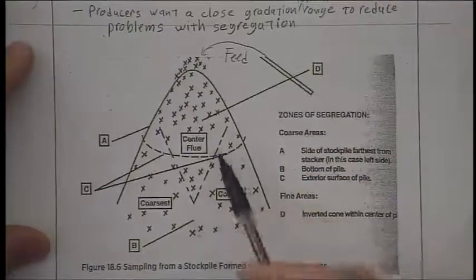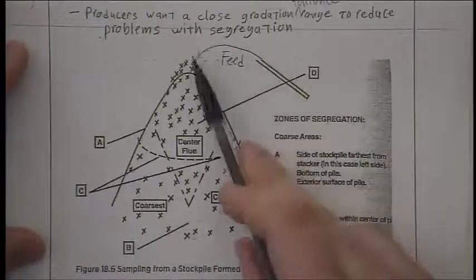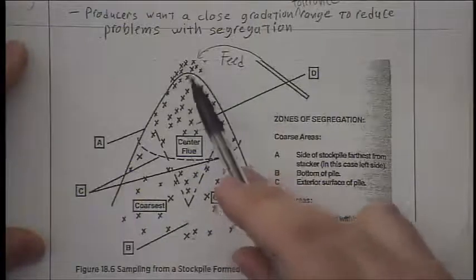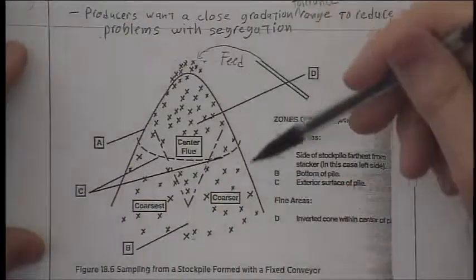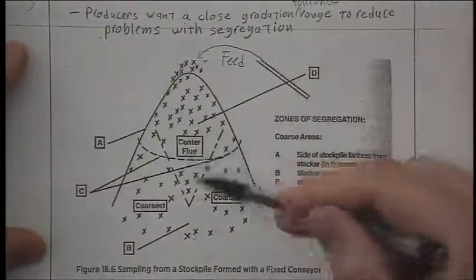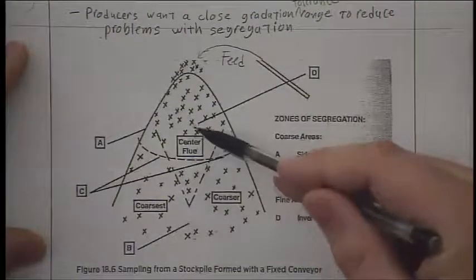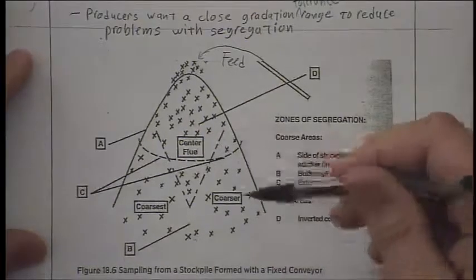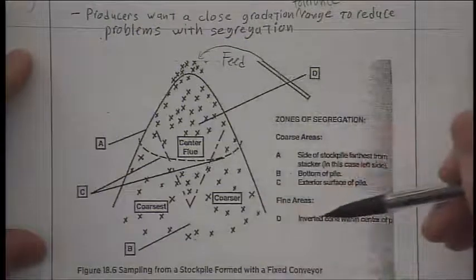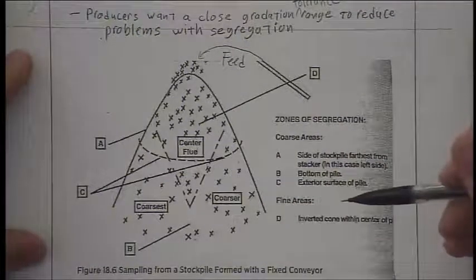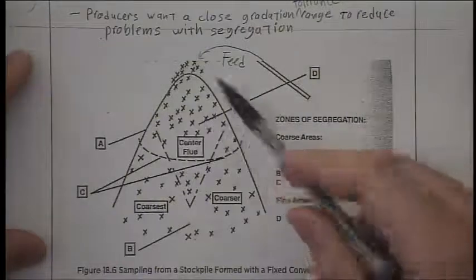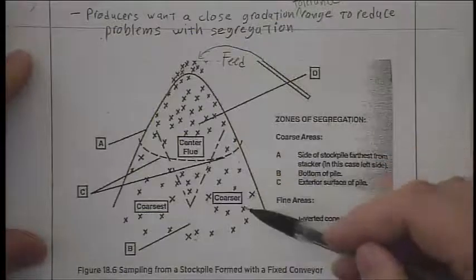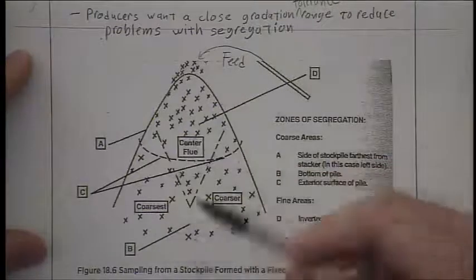Whenever the rock falls, the coarser rock will fall this way, the medium coarse will fall this way, and the more fine particles end up more in the middle, so you get segregation. If you're counting on your gradation for a certain performance, and you're taking scoops with an excavator from a stockpile like this, obviously the gradation you were predicting is wrong.